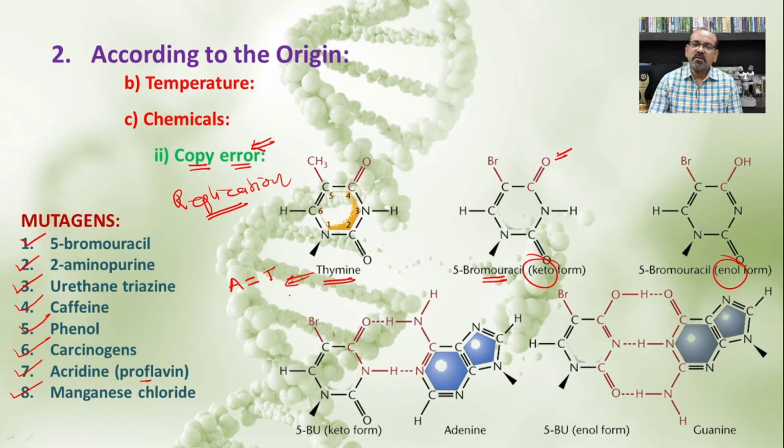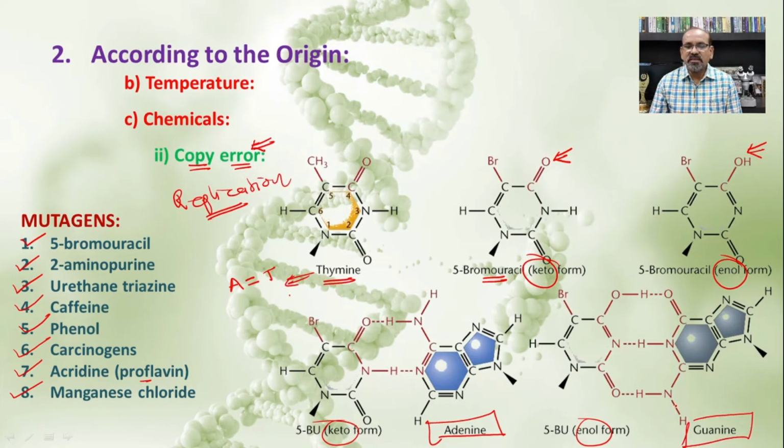So here you can see the difference between the keto and the enol form of 5-bromouracil. If there is a keto form of the 5-bromouracil, it will form hydrogen bonds with the adenine, and if there is an enol form, it will form hydrogen bonding with the guanine.